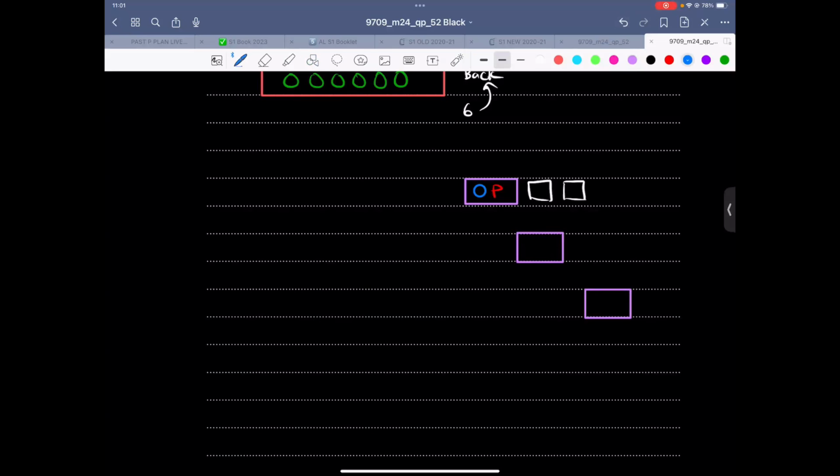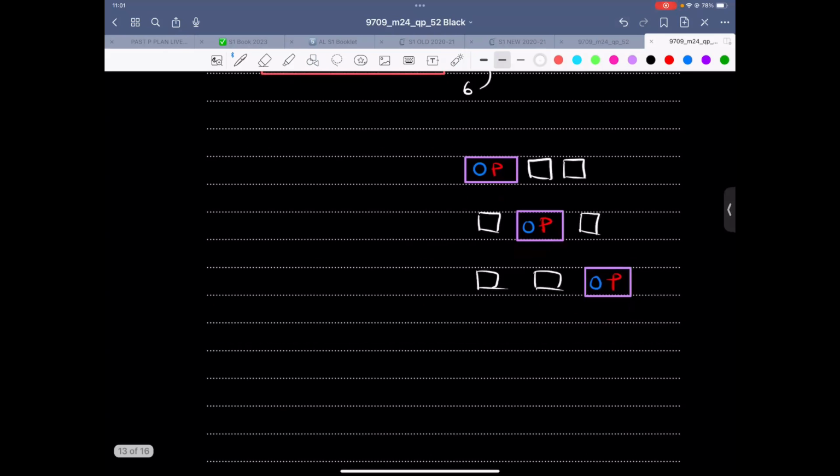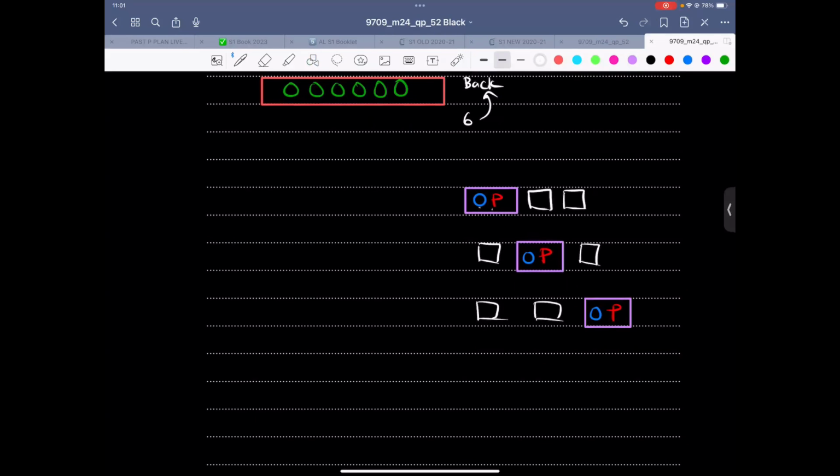Let me write OP. So this is O, this is P, and then the rest of the people, it doesn't make a difference who they are, here and here. Therefore, for OP, we should write 2 factorial. This is for OP. And then there are 3 options, so multiplying with 3.